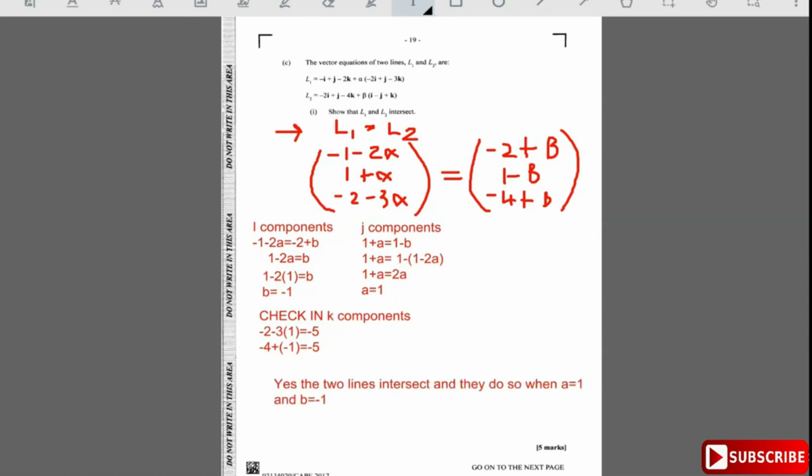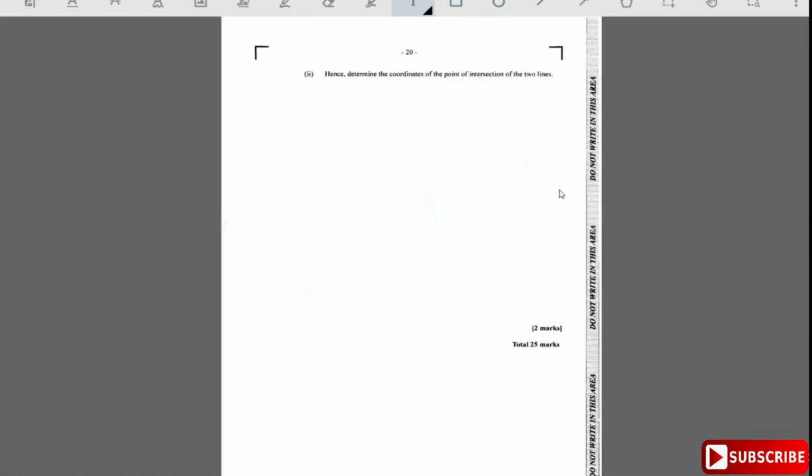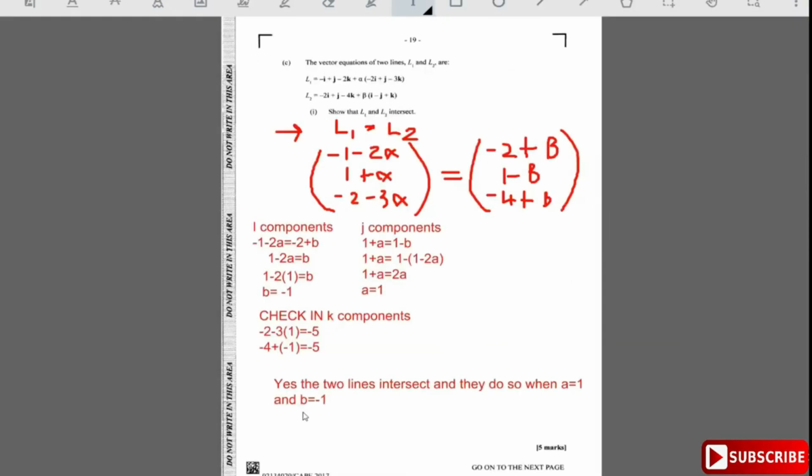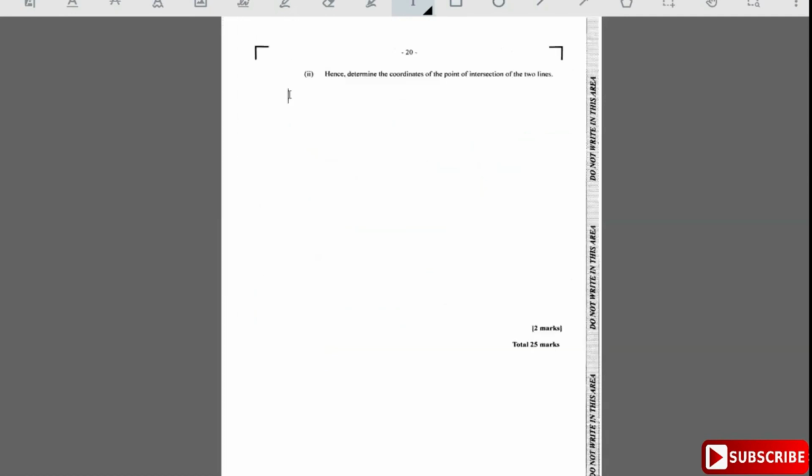Good. So we get them there. Next part. It says, hence, determine the coordinates of the point of intersection. So at the point of intersection, alpha and beta equal 1 and -1 respectively. So using L2, where beta equals, what was beta, -1?